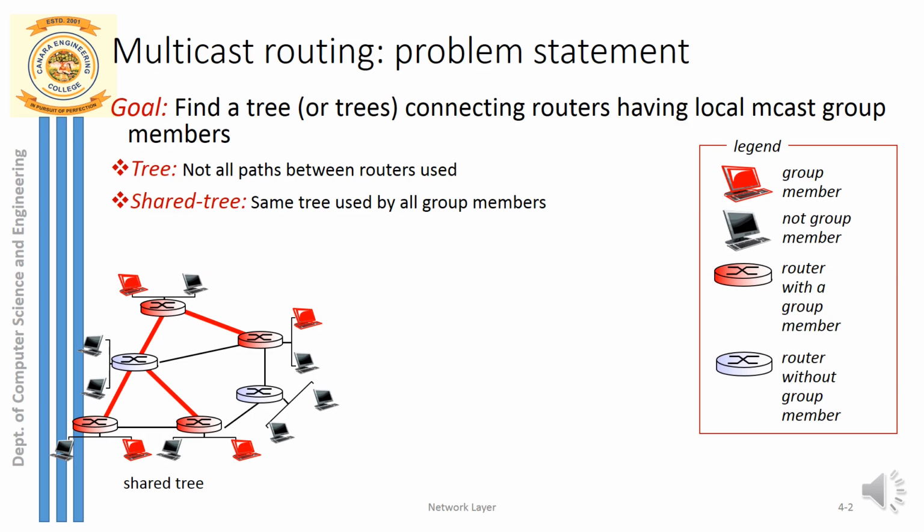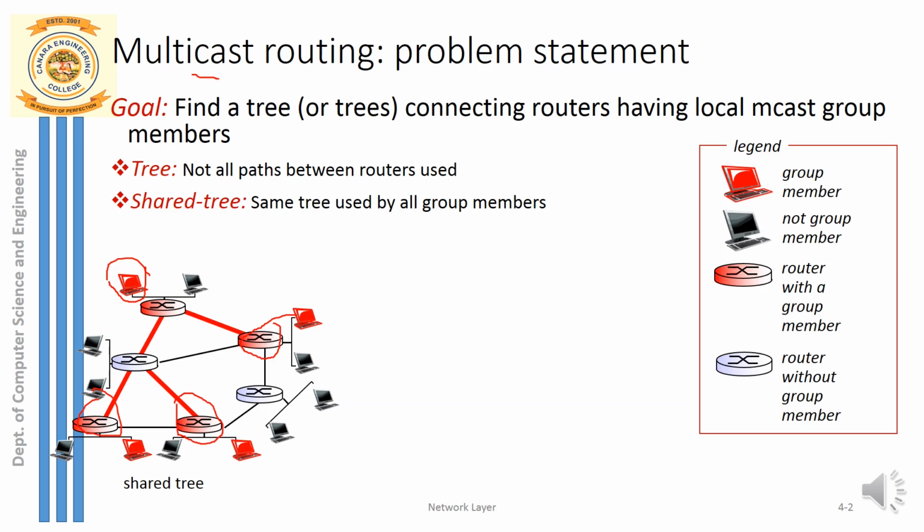What is broadcasting? It is one sender and multiple receivers. But what is multicasting? It is one sender and multiple receivers, provided those multiple receivers are a subset of the nodes in the network. Consider this network.